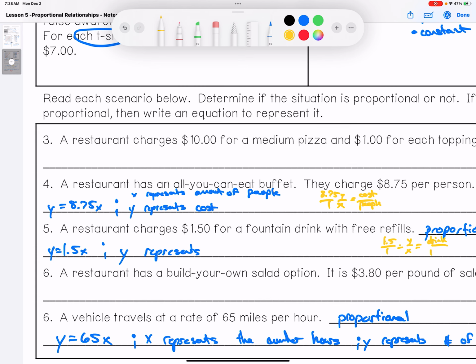How many drinks? Number of drinks. So y represents the total cost, and x represents the number of drinks.